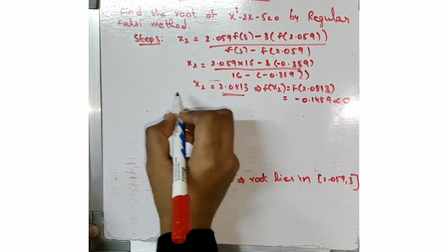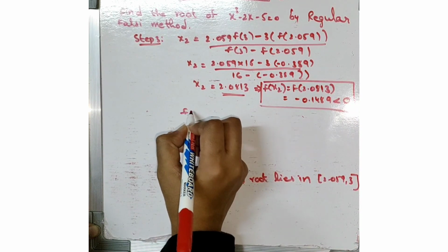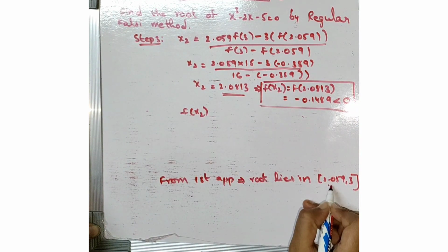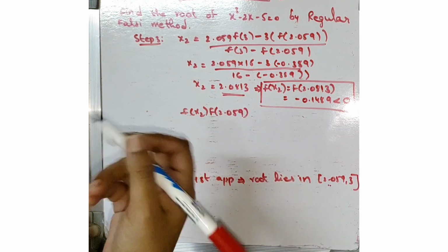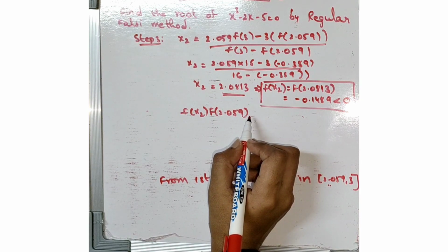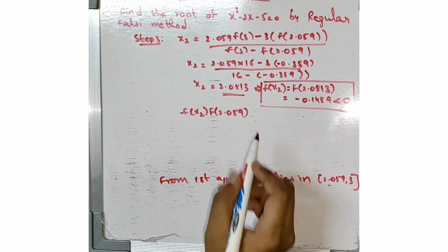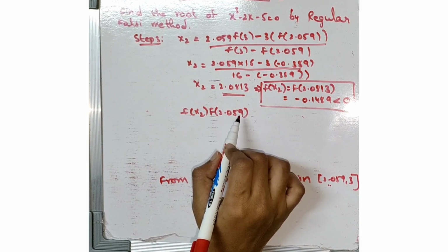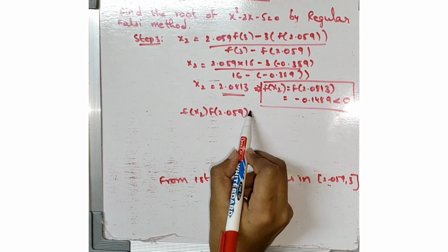Now what do you have to do? This is f of x2. You have to check whether f of x2 into f of 2.059, which you calculated in the first approximation, is less than 0 or not. Multiplying these both values, you will not get less than 0. So this will be greater than 0.